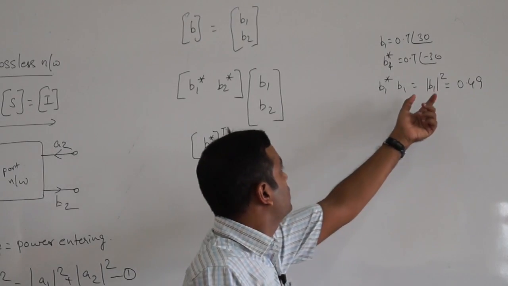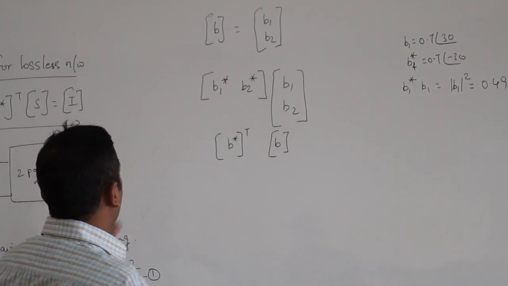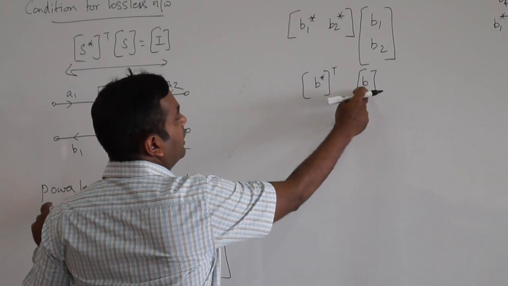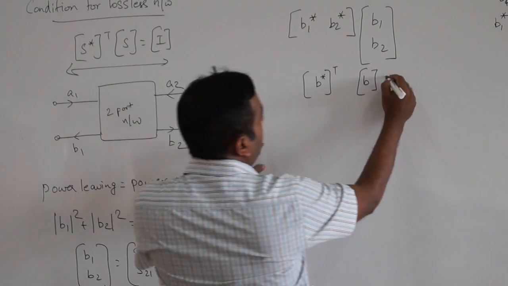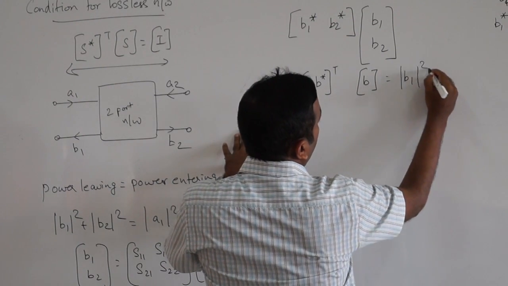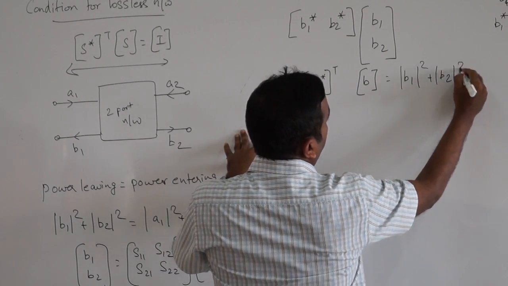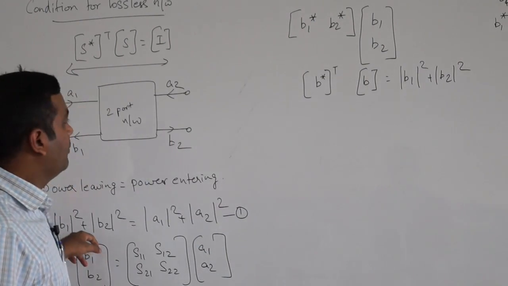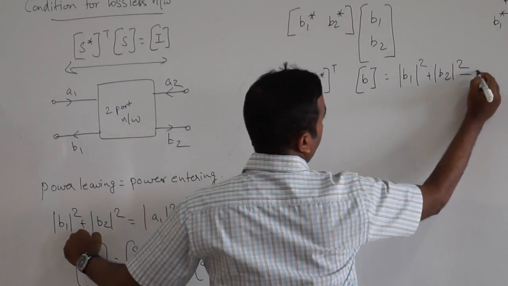So if I need B1 squared plus B2 squared, what I have to do is take B star transpose into B. This will be nothing but modulus of B1 squared plus B2 squared. Let's call this 2.